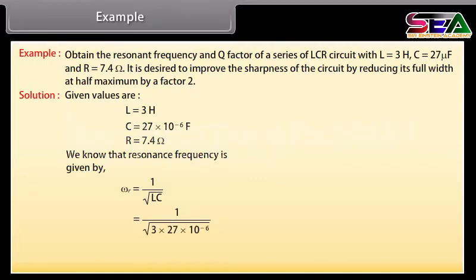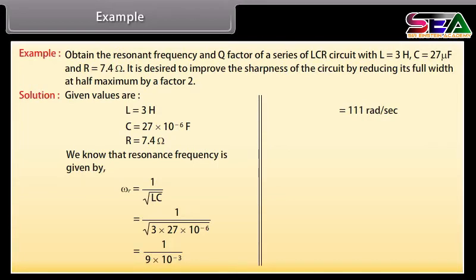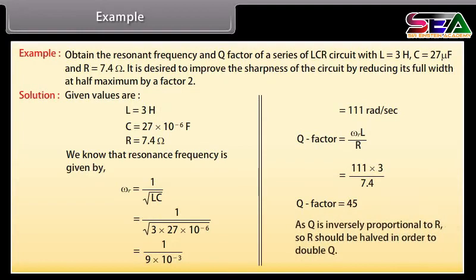Putting the values, we get resonance frequency equal to 111 radian per second. Q factor is equal to omega naught L upon R. Putting the values, we get Q factor equal to 45. As Q is inversely proportional to R, so R should be halved in order to double Q.